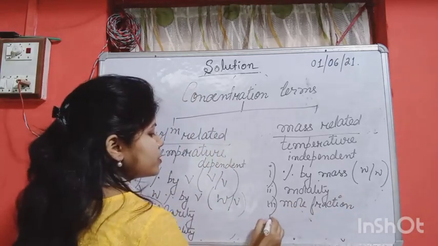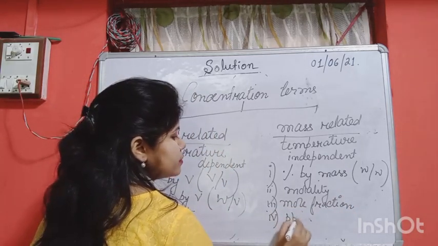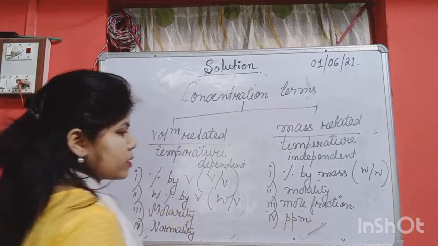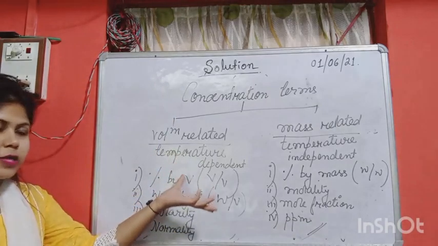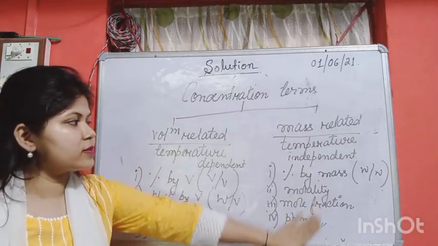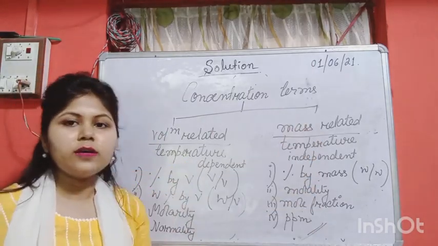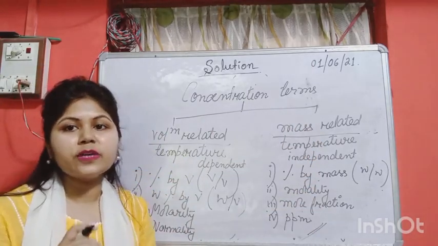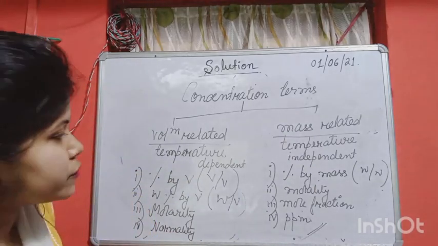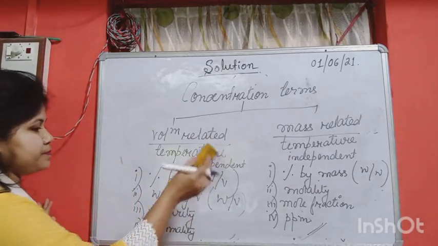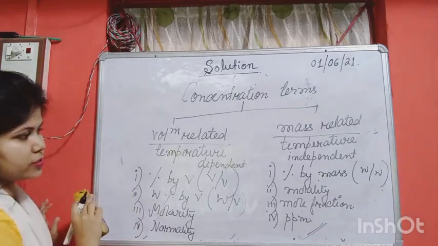And the fourth one, parts per million. So these 4 are the concentration terms related to the mass, or temperature independent, because they are not related to any temperature and all. So please note it down.